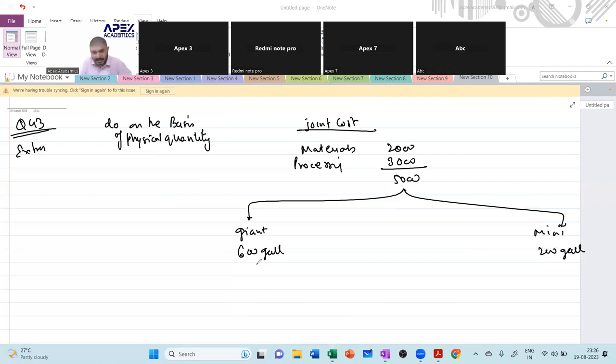Now these 600 gallons and this 5,000. So what are you basically doing? You're splitting 5,000 in the ratio 600:200, which is nothing but 3:1. So 5,000 into 3 divided by 4. This is the joint cost allocated.